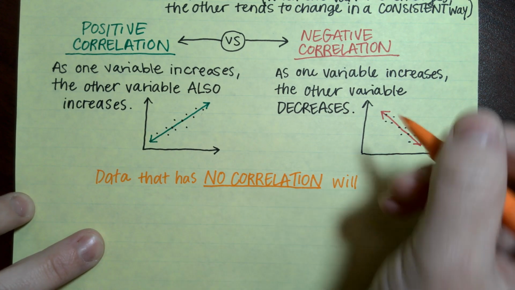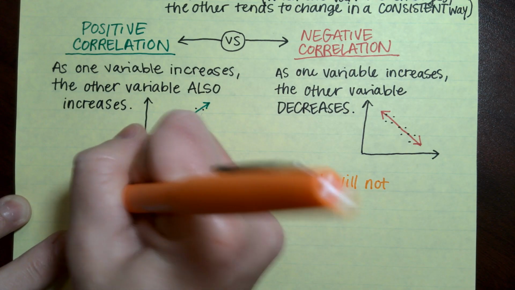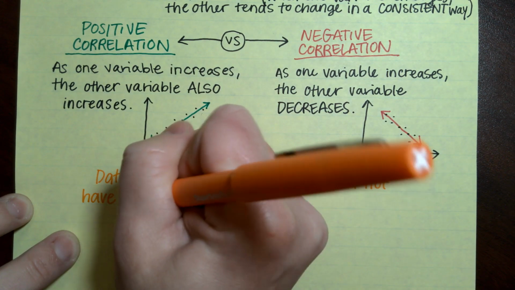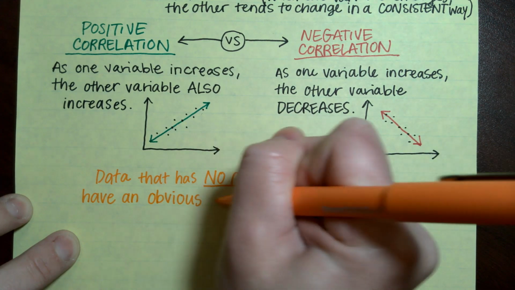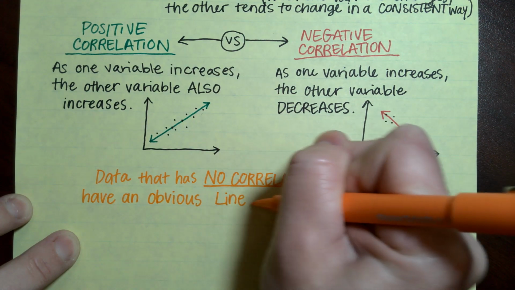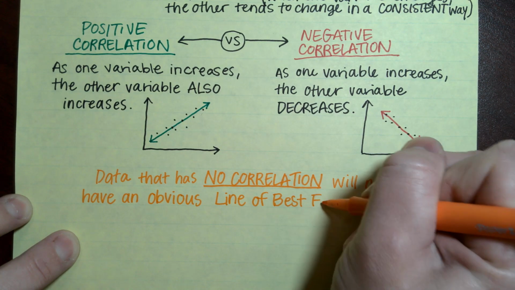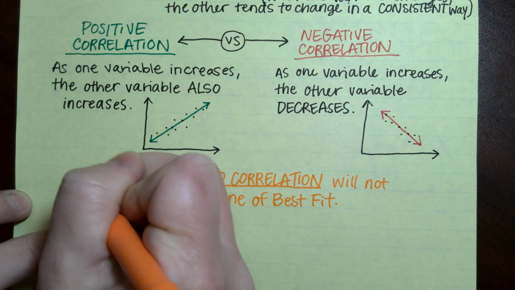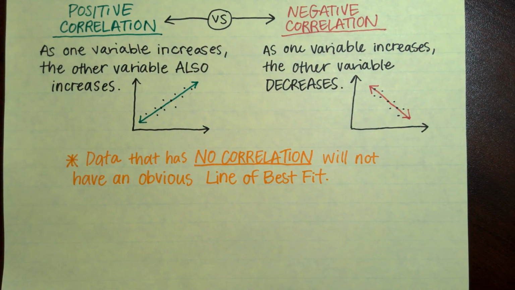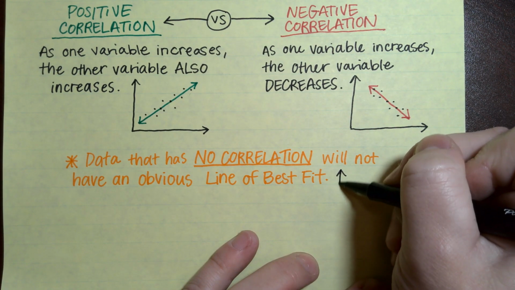Data that has no correlation will not have an obvious line of best fit. And we'll draw a picture for that. So data without correlation might look something like this.